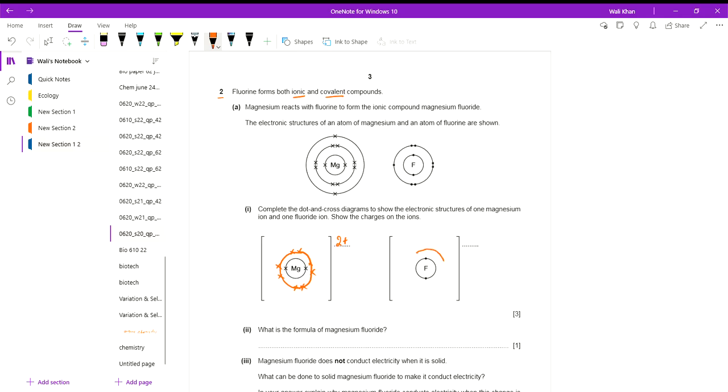So it will take 1 from the magnesium and 1 जो था वो सेकंड फ्लोरीन के पास जाएगा, जो कि उन्होंने हमें शो नहीं किया हुआ है.